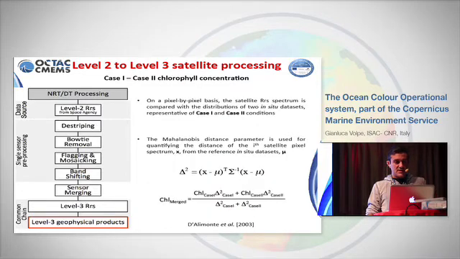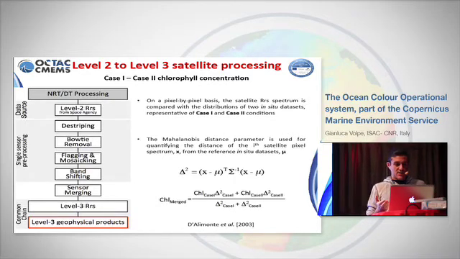So what we do is that to each satellite pixel, both algorithms are applied. Then the point is how do we distinguish which pixel is case 1 and which is case 2.